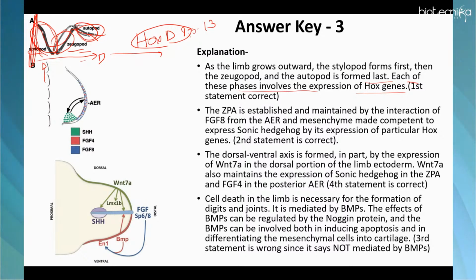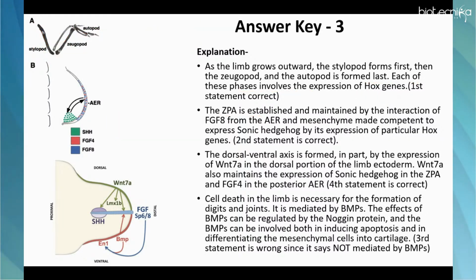Then we have the ZPA, which is the anterior to posterior axis formation, because obviously if you're talking about a limb outgrowth, then the top part is anterior and the bottom part is posterior. So here also this elevation at the top is the AER, and under that you have mesenchymal cells.